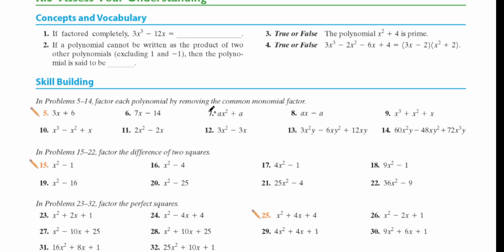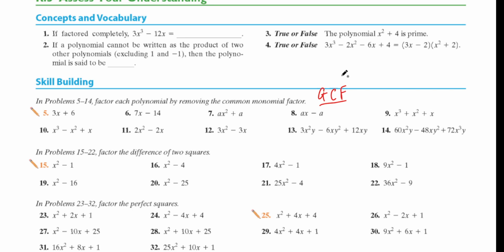But it says by removing the common monomial factor, okay, that's their way of saying find the greatest common factor. Everybody got that? You'll hear that probably a lot more than you'll hear by removing the common monomial factor. I know exactly what they're saying, and they're not saying anything that's wrong, but I think the most common way of saying it is factor this by factoring the greatest common factor, okay?